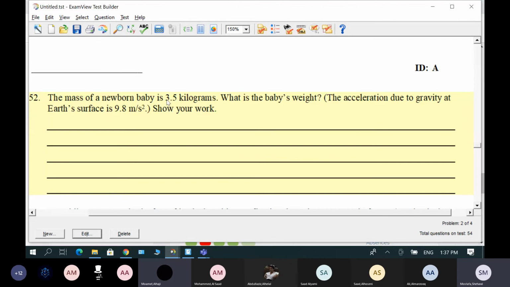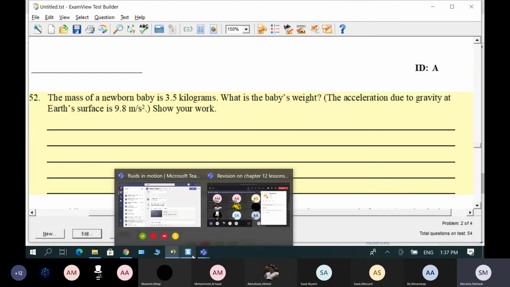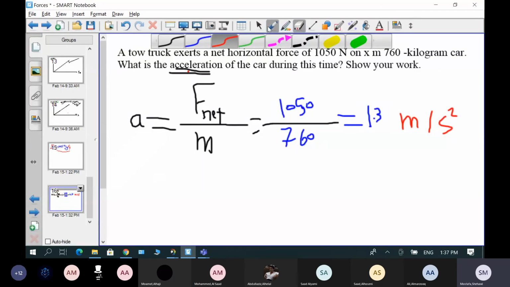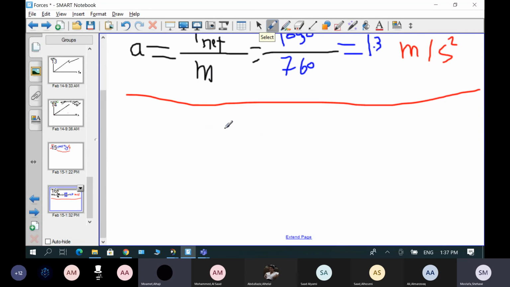What is the weight of this 3.5 kilogram baby? How to find weight? Mass multiplied by the acceleration due to gravity.